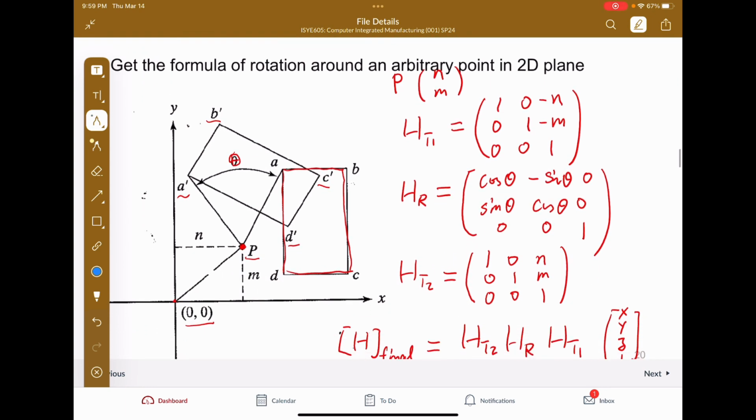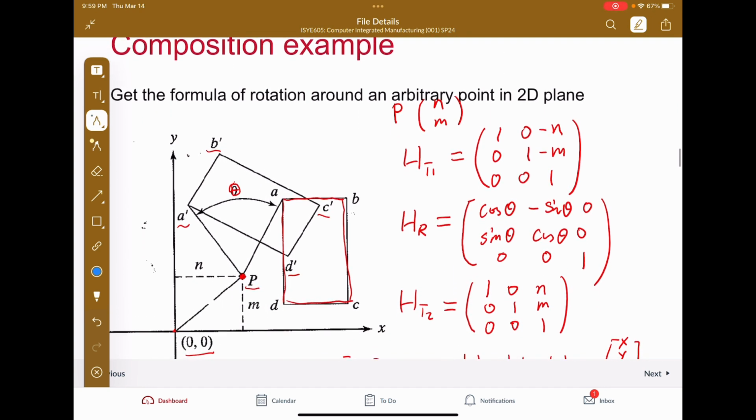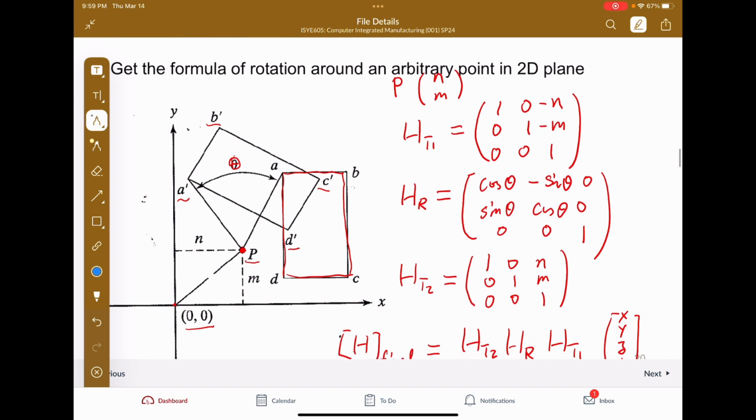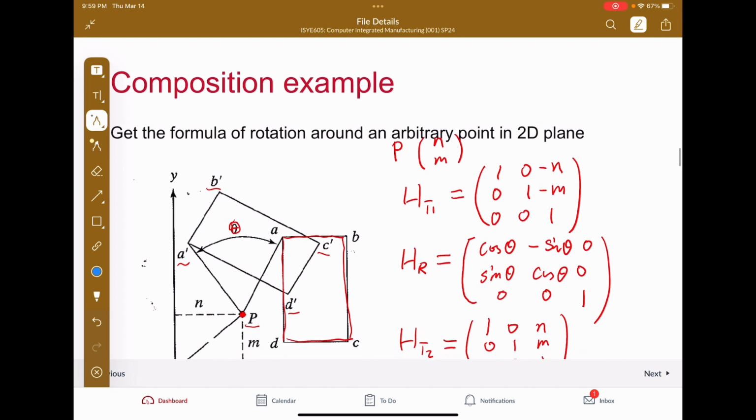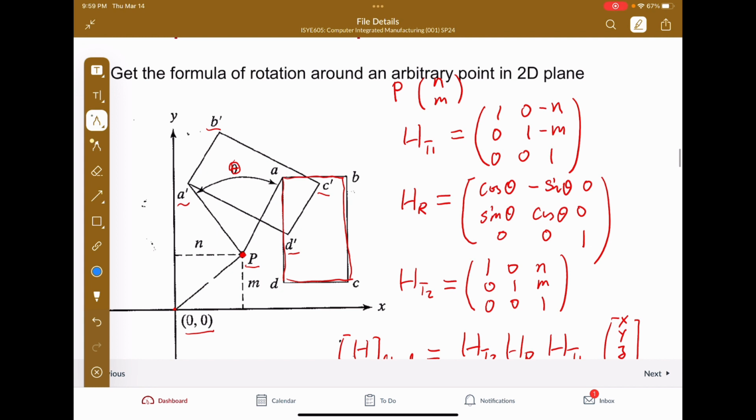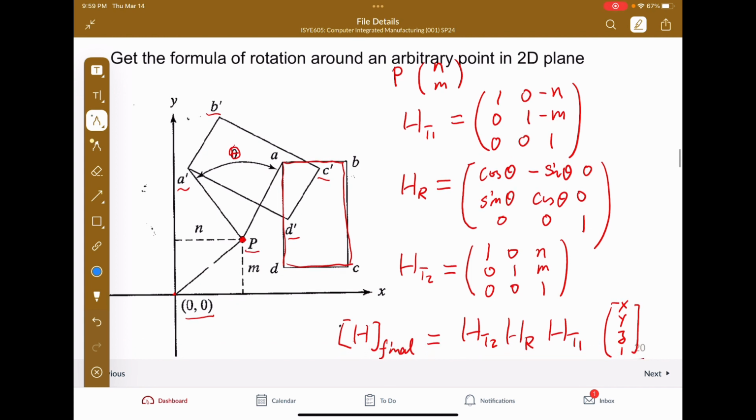And these are the examples. This example just shows some composition examples. One thing I need to mention here is that we have a rectangle, right? And in this case, we rotate about point P, but not the origin.